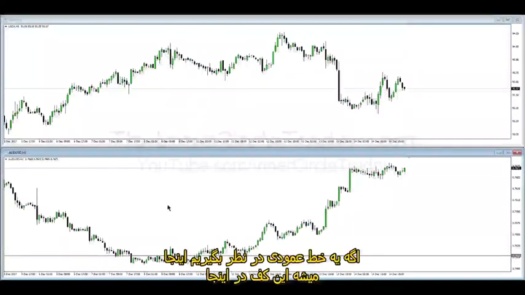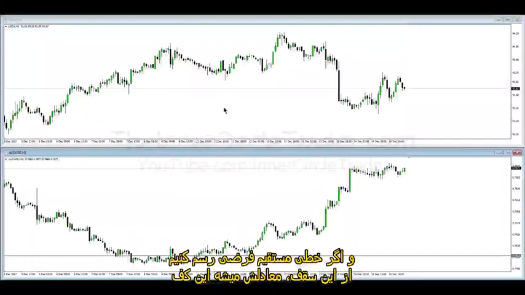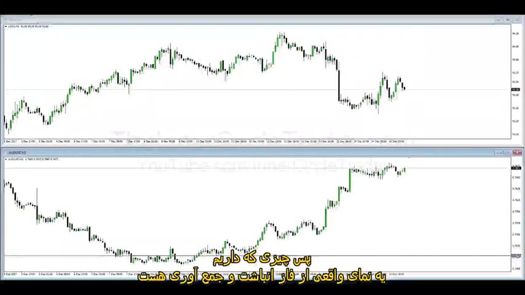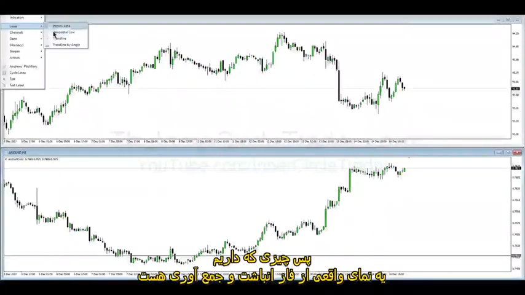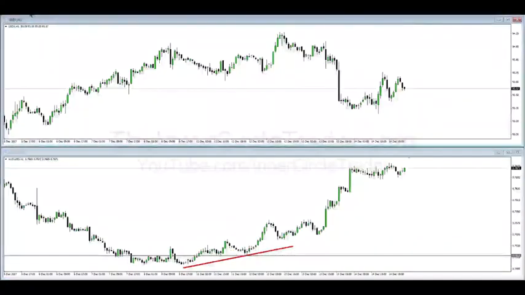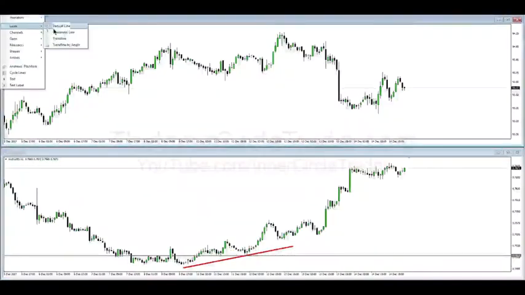So if we draw a straight line down from that, we're going to reference this low. And if we draw a straight line imaginary from this high straight down, that represents this low. So what we have is a graphic depiction of real accumulation in the Aussie.